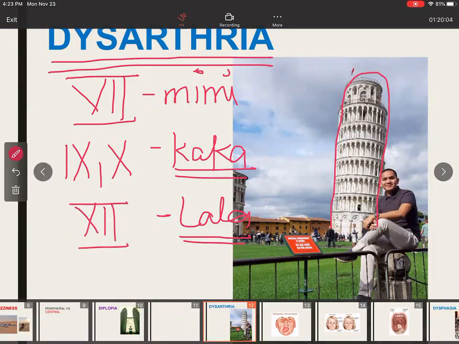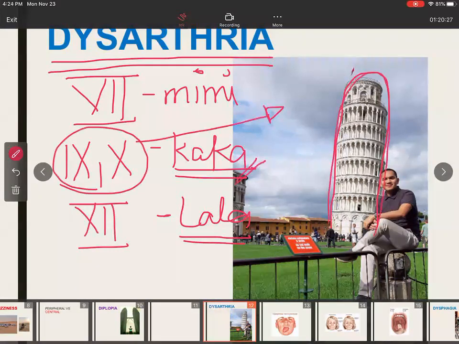So these are actually quick tests in order for you to know where the lesion is. For example, the patient comes to you due to dysarthria, and there is inability to say ka ka ka ka. So more likely there is cranial nerve number 9 and 10 involvement, and in neurological examination, you also note the uvula is deviated to the right or left.